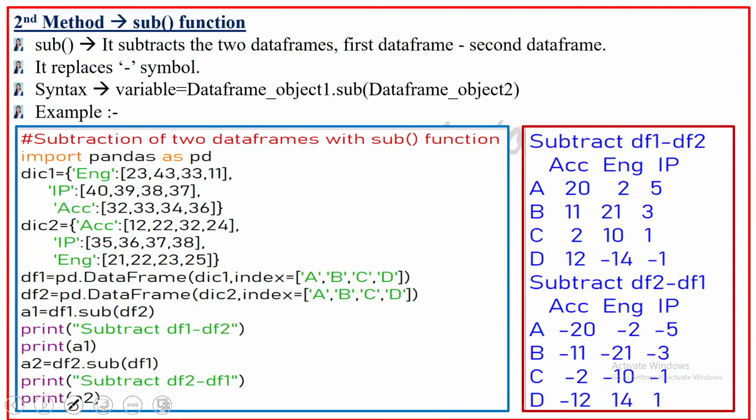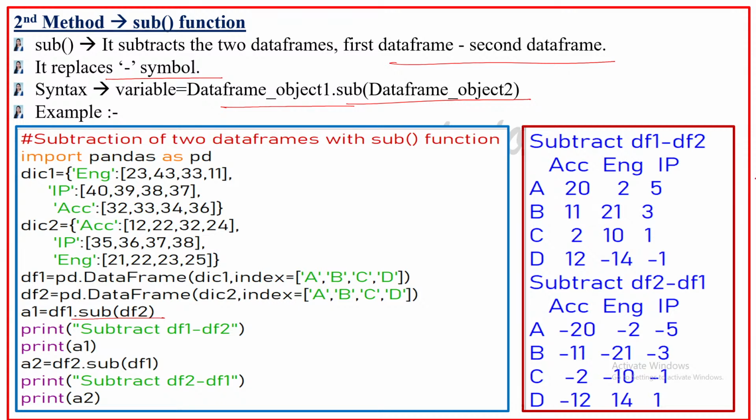Second method, sub function. The sub function subtracts the two data frames, first data frame minus second data frame. It replaces the minus symbol. What is the syntax? Variable equal to data frame object 1 dot sub data frame object 2. Example, look here, df1 dot sub df2.